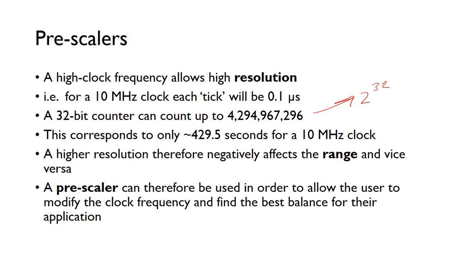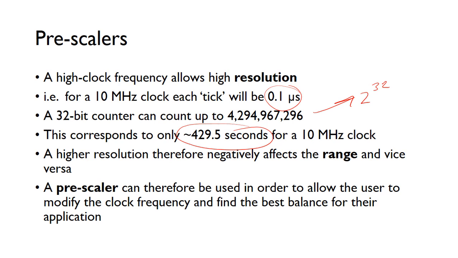But if each one of these values is incremented every 0.1 microseconds, this only corresponds to less than 430 seconds. That's not a long time, so it doesn't allow us to time slow events.